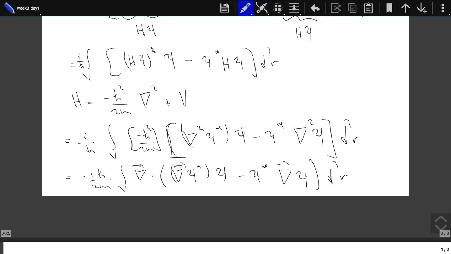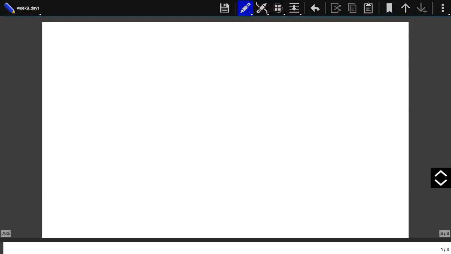d cubed r. Now if you just calculate this outermost gradient, you get mixed terms which involve the gradients of both of the wave functions, both psi and psi star, but due to the minus sign in between, they just cancel, and we are left with the previous line. But now there is a vector field over here. We are taking its divergence and integrating over a volume, and instead of that, we can just write it as a surface integral.